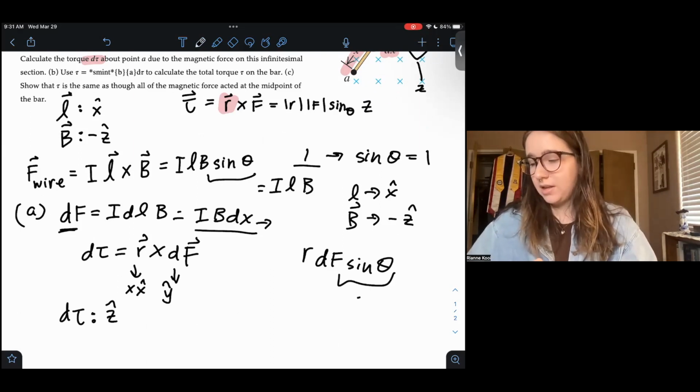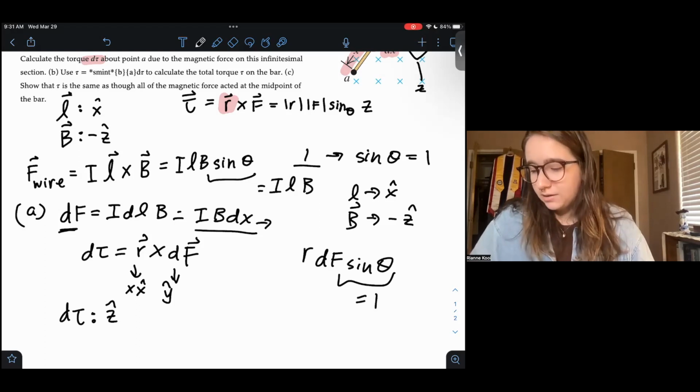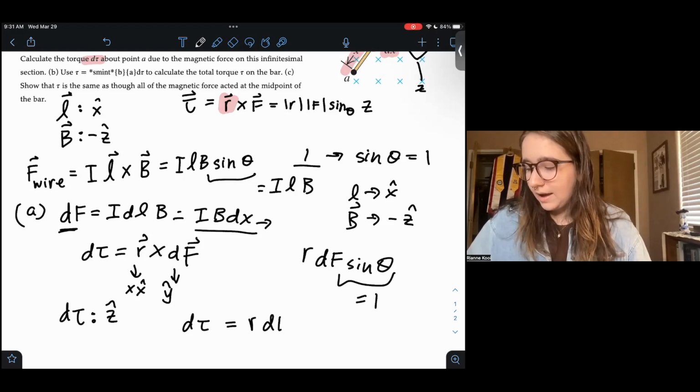So this sine theta equals 1. And we're left with d tau is equal to r dF in the z hat direction.